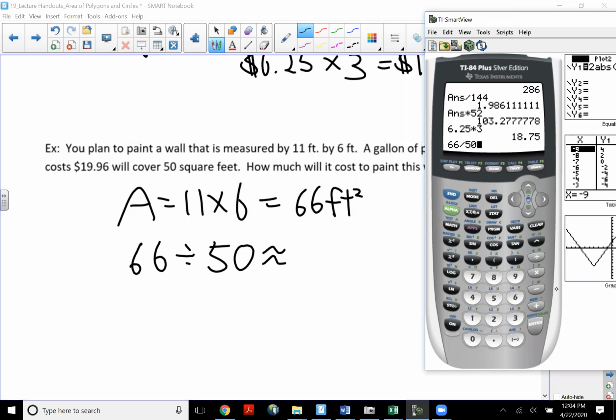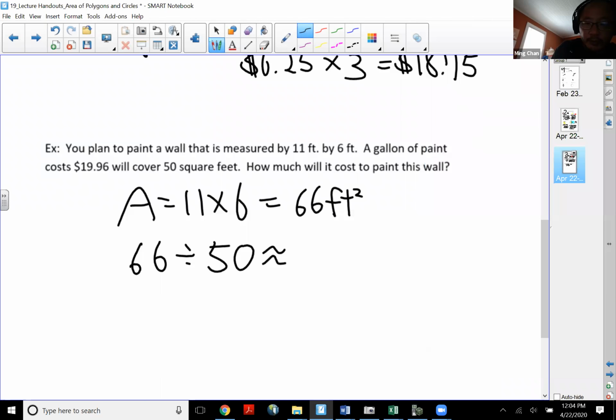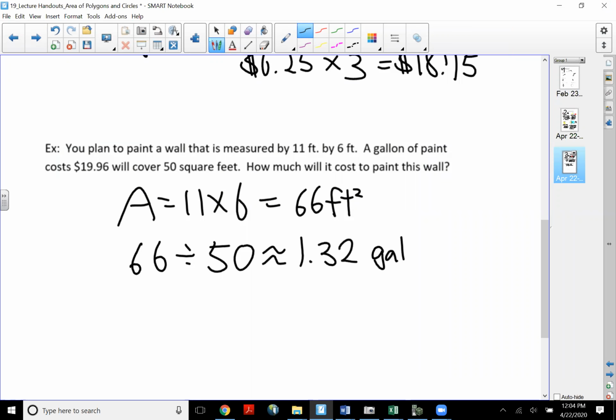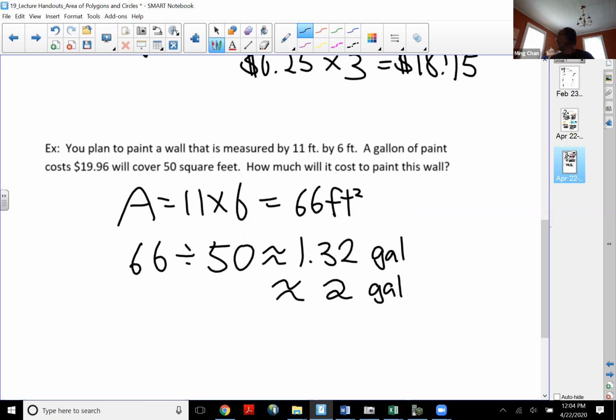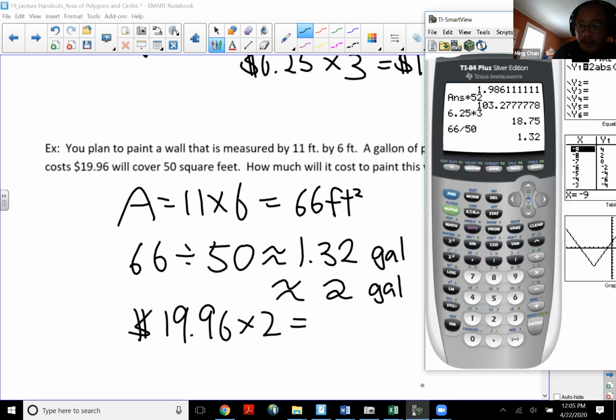Well, I need about 1.32 gallon, but we need to round it to what? How many gallons? 2 gallons. Okay. It's easier to have leftover, right? All right. So 19.96 times 2. That will tell me how much it's going to cost me.